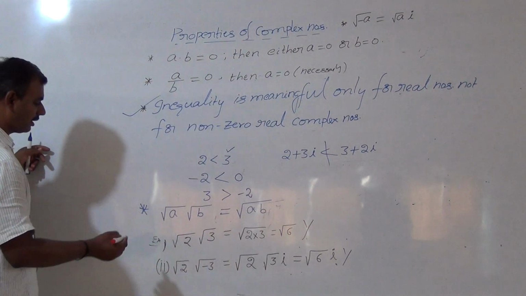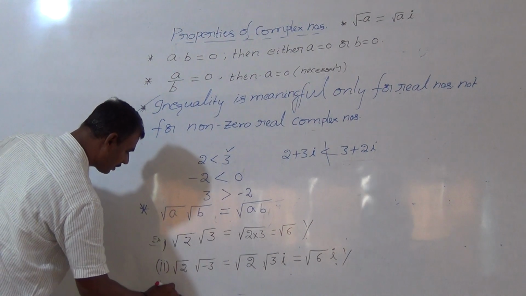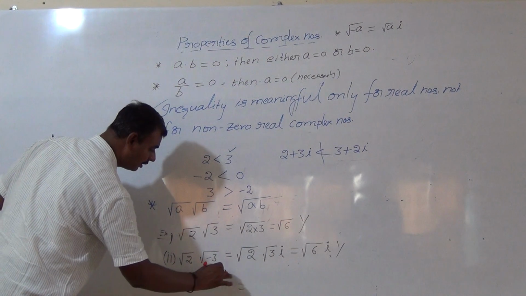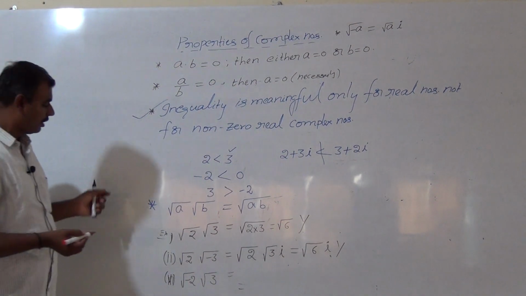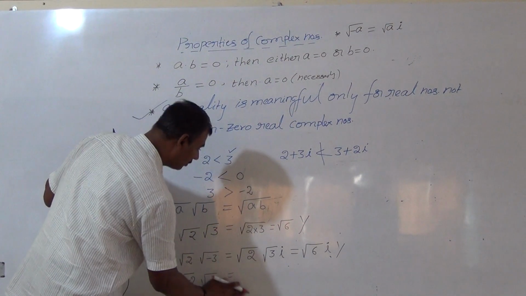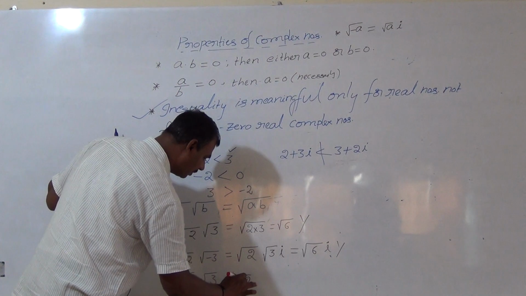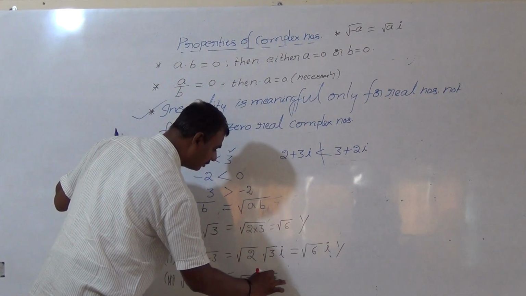Similarly, if I take negative numbers like square root of minus 2 into square root of 3, check whether it is true or not. Square root of minus 2, according to that property, is square root of 2 into iota, into square root of 3.